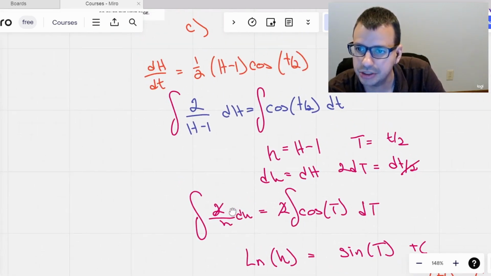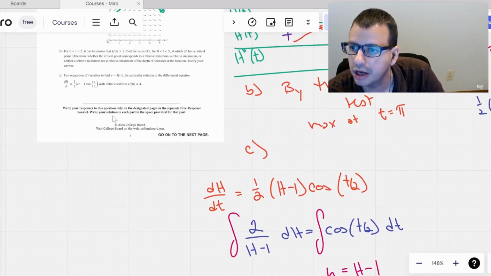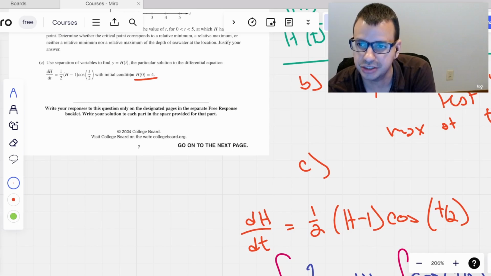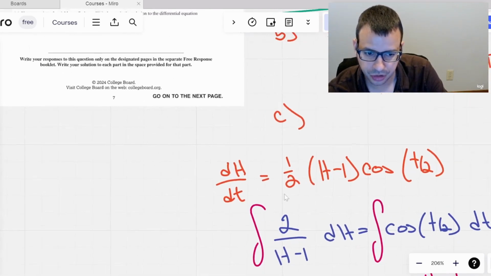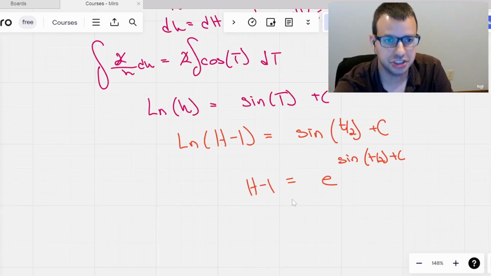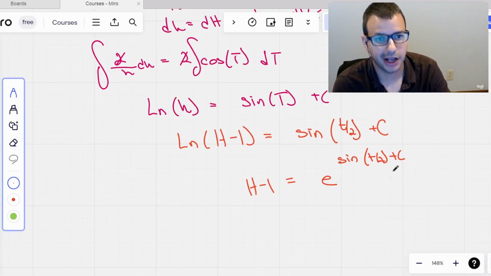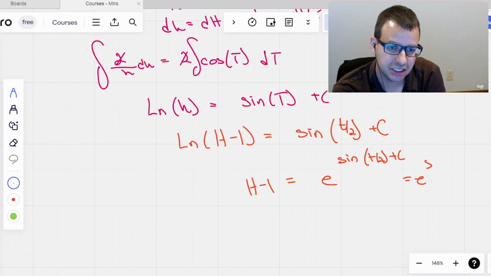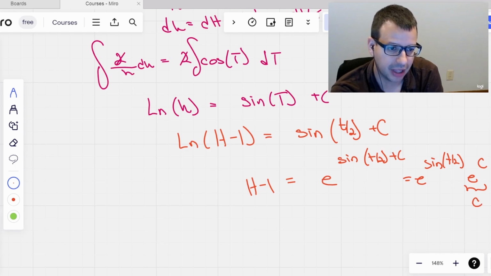Now let's take a look up here, see what's going on. Use blah blah blah to find h of t. They give us a particular solution, so we need to solve for c. Particular solution means just solve for the constant c that we have. So to do this, I'm going to rewrite this as e to the sine of t over 2 times e to the c, which I am then going to relabel as c1.